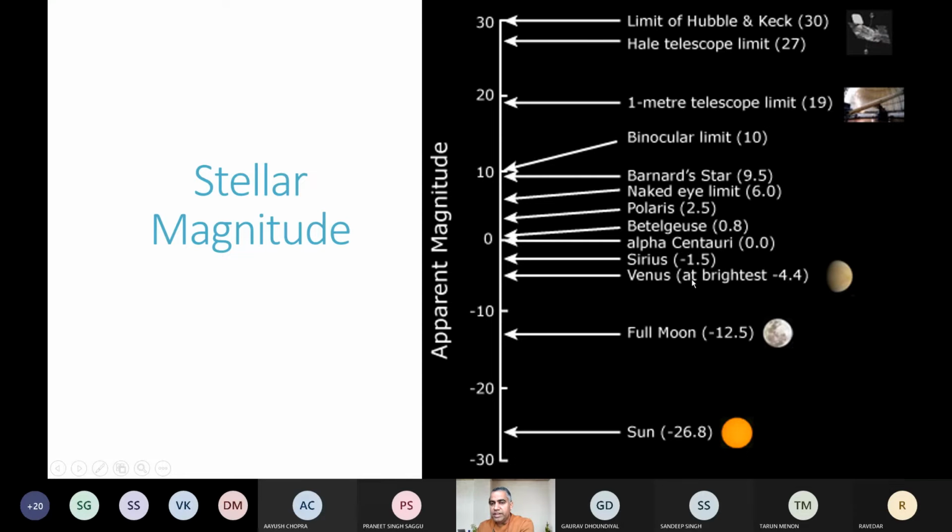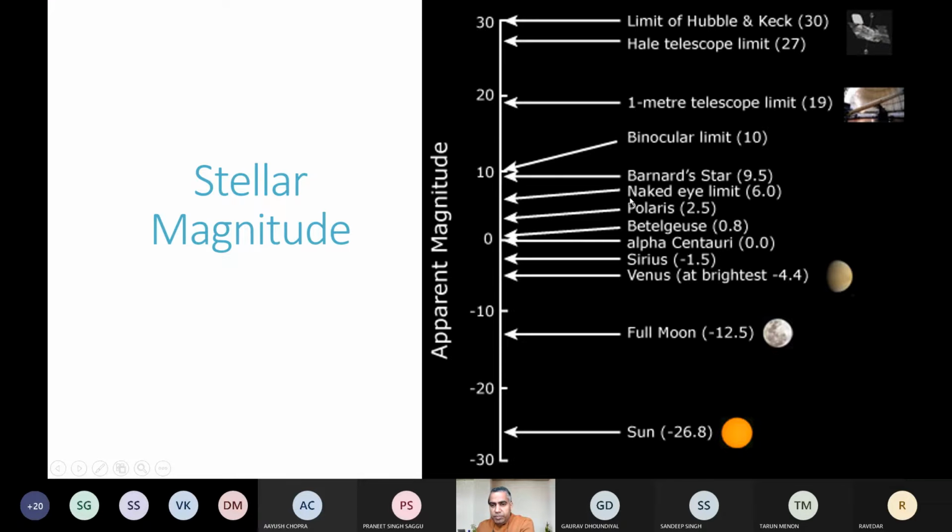Then comes Venus when it is at its brightest. The magnitude or the brightness of planets keeps on changing depending upon their location in the solar system. But when Venus is the brightest, its magnitude is minus 4.4. Then comes various stars, Sirius minus 1.5, Alpha Centauri 0, Betelgeuse 0.8, Polaris 2.5, and so on.